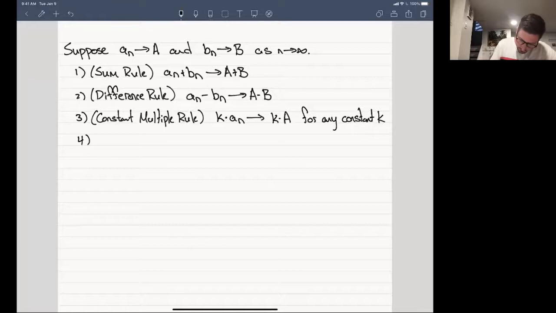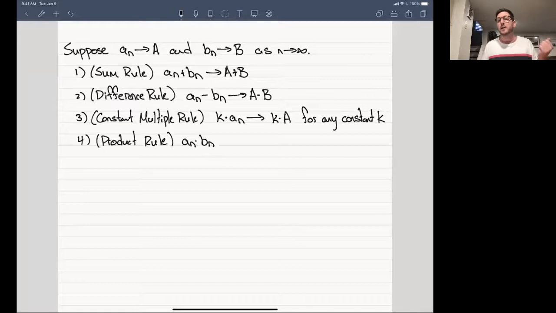The product rule, well, it sort of does exactly what you think it does. If you multiply a_n and b_n pointwise, so a_1 times b_1, a_2 times b_2, a_3 times b_3, this sequence that you build converges to A times B. And we should emphasize that's a minus up there.